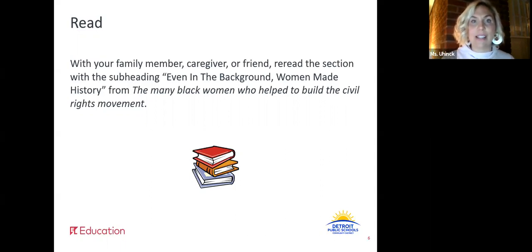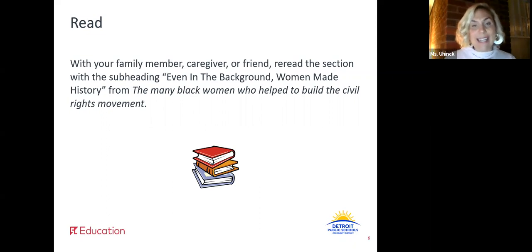So just know the subheading is at the bottom of that first page, but the section actually starts at the top of the second page. Sorry, I'm looking at it over here. And it's 1, 2, 3, 4. It's 4 paragraphs in that section. So go ahead with your family member, your caregiver, or your friend, reread that section of text that we're going to look closer at today. All right, pause this video. Go ahead and start reading.